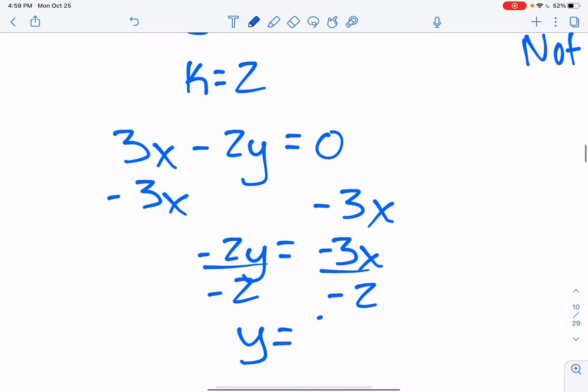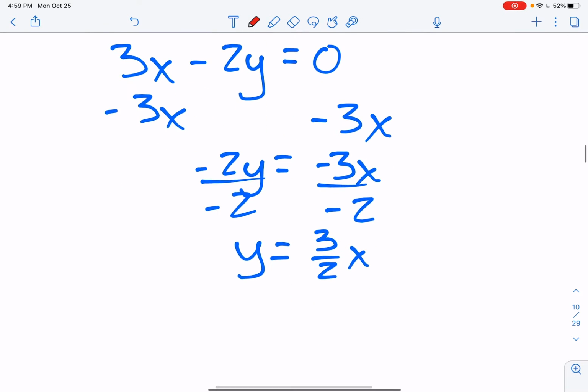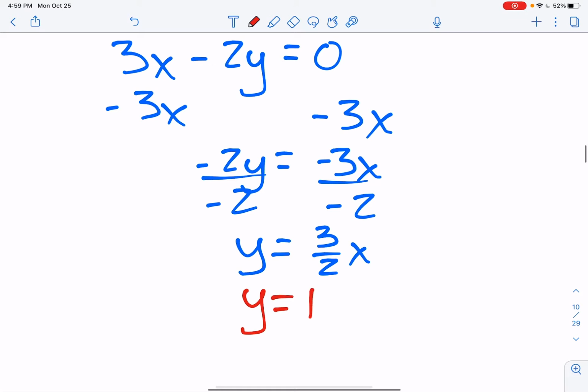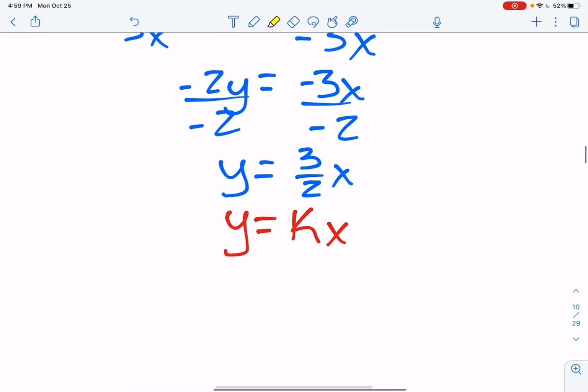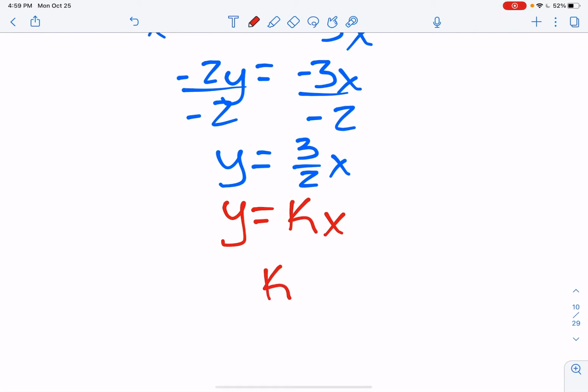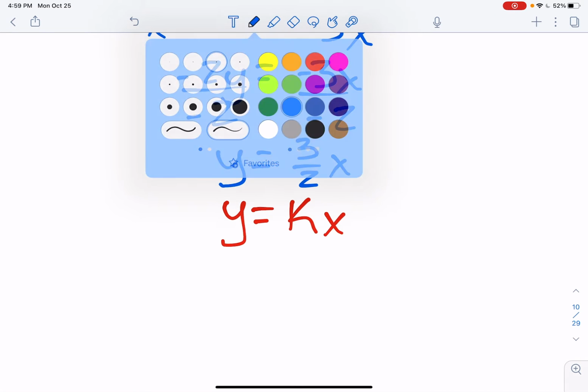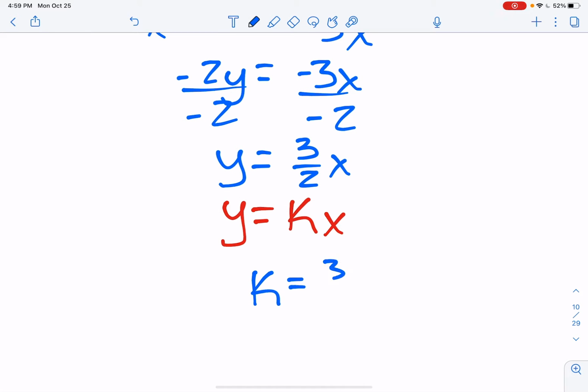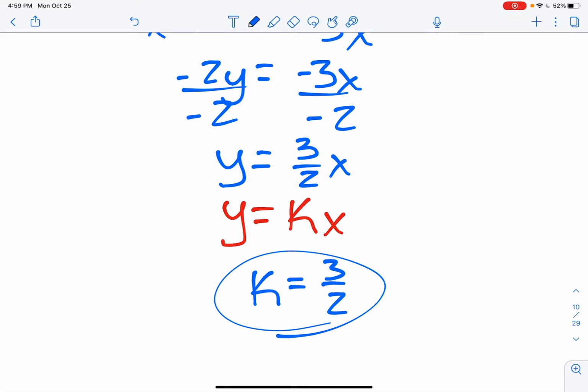So y would equal positive 3/2 x, because a negative divided by a negative is positive. Again, that looks like this form, y equals kx. So in this case, k would be 3/2. That's a lot of what your homework is going to look like for 1 through 5.